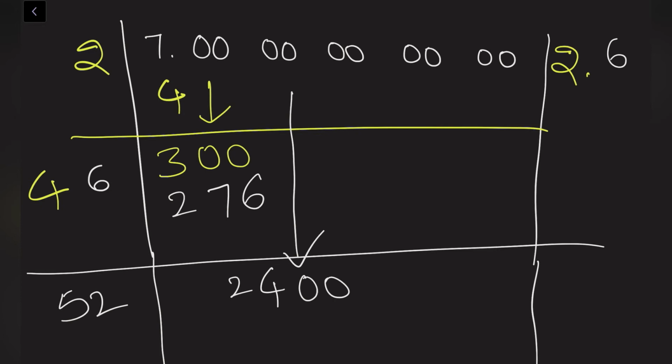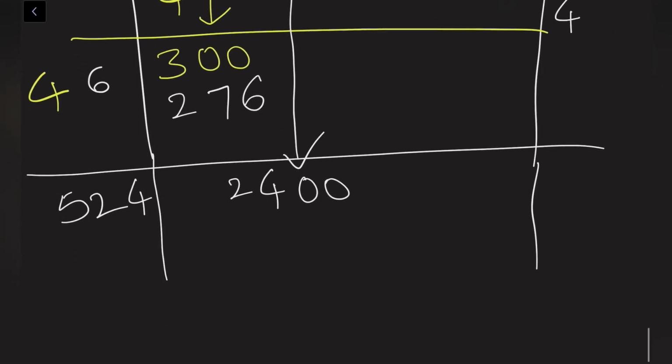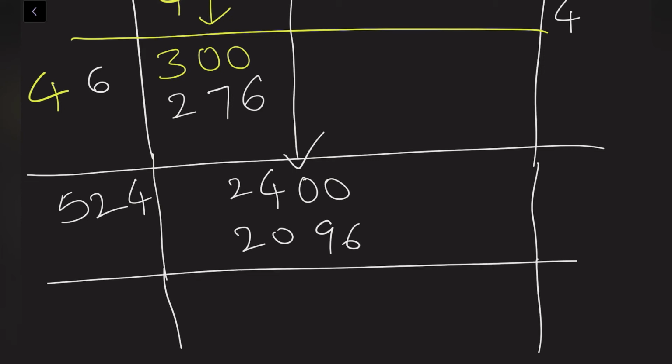Now which number satisfies here? This is almost 2400. So I will check with 4, because 524 fours are 4 4s 16, 24, 96, 2096. 2400 minus 2096 is nothing but 304.